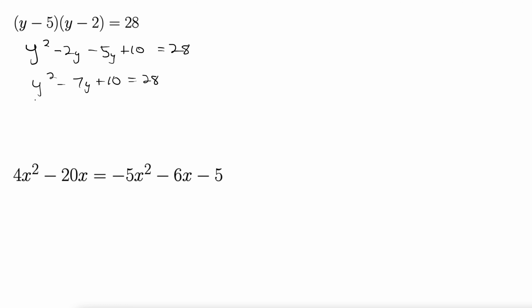Okay, and now we spot the y squared and the y. That means we want a 0 on the other side of the equal sign here. So y squared minus 7y, subtracting the 28 from both sides, minus 18 equals 0. Now we're ready to factor and solve this. We need two numbers that multiply to negative 18, but add to negative 7.